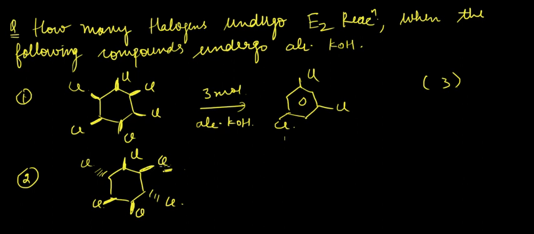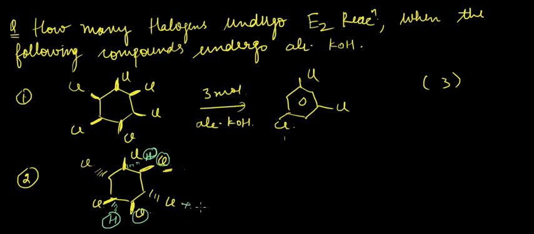Yes, because here we can find a hydrogen at the back going inside the plane. So this can actually undergo elimination. What about this pair? This pair can also undergo elimination reaction.